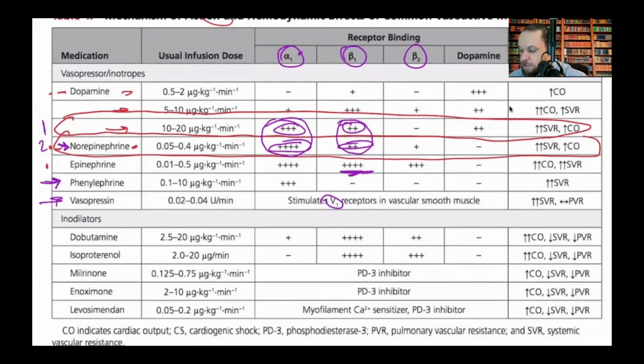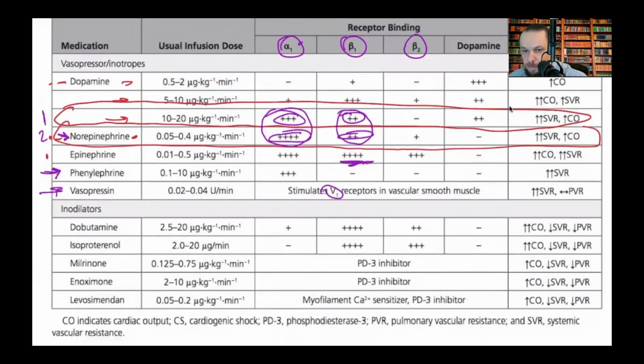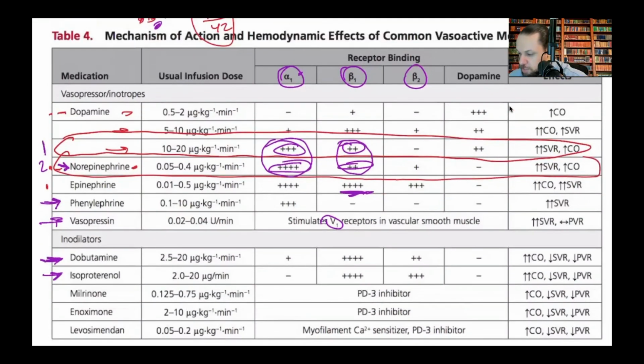And then they could also add an inopressor, which increases contractility.